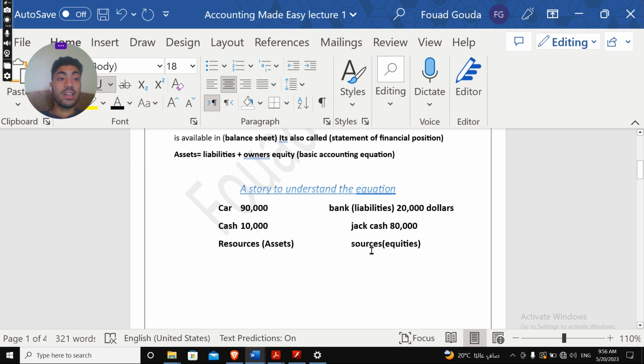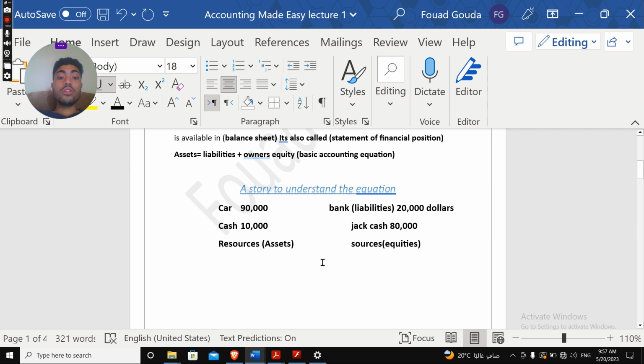Beside that, the $20,000 provided by the bank. So these are the sources of the whole organization he's going to run for his current business. Okay, we call these sources equities. Source equities is a term used in accounting.